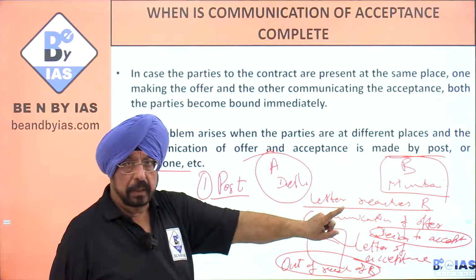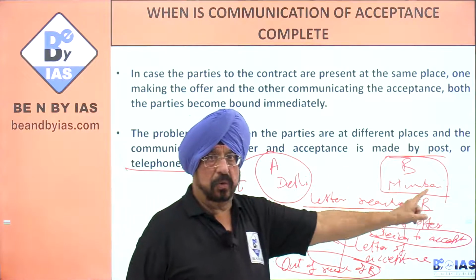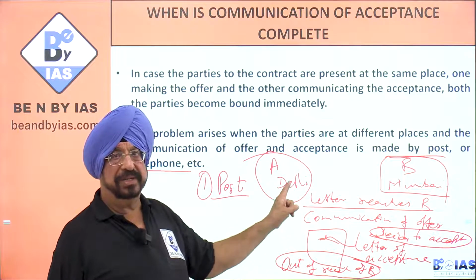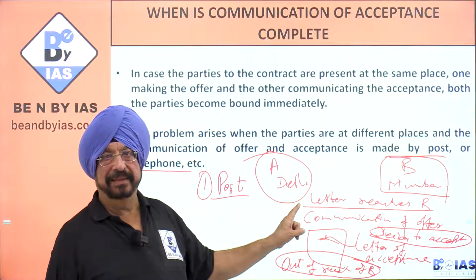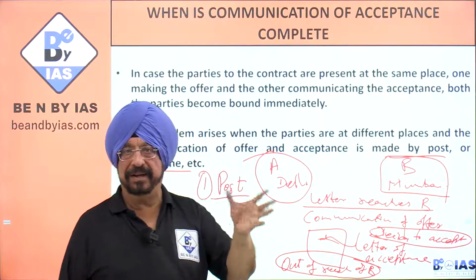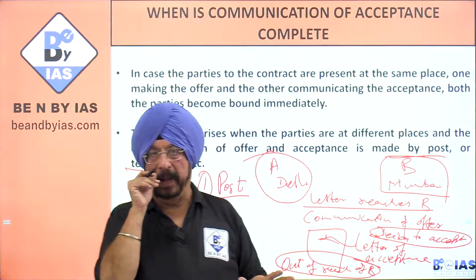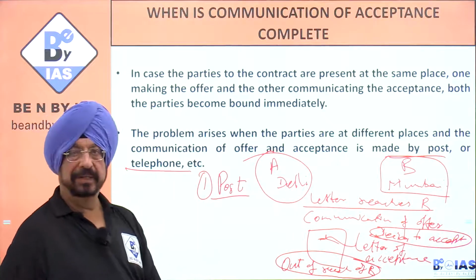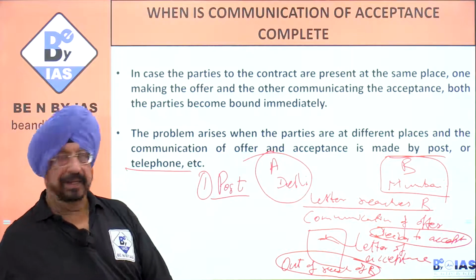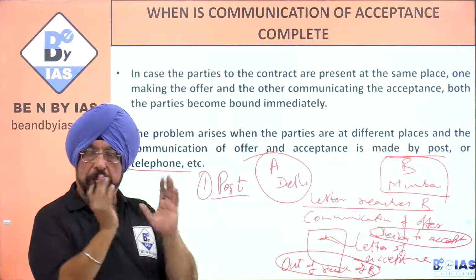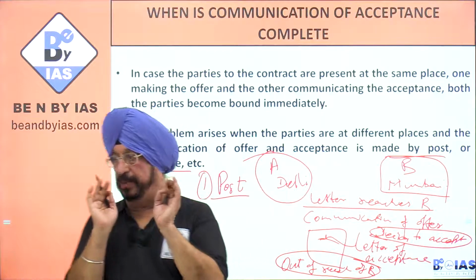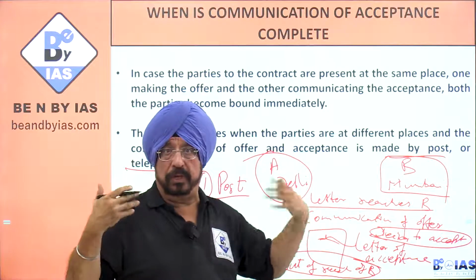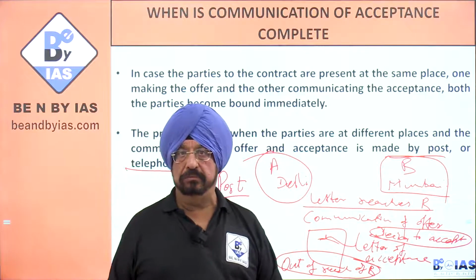But B can revoke his acceptance before it reaches A. Are you able to understand this kahani, this story? Very, very interesting, very, very important, I tell you. देखिए, आप अपने दिमाग में सोचिए, प्लीज. It took me a lot of time to understand when I was a student like you.